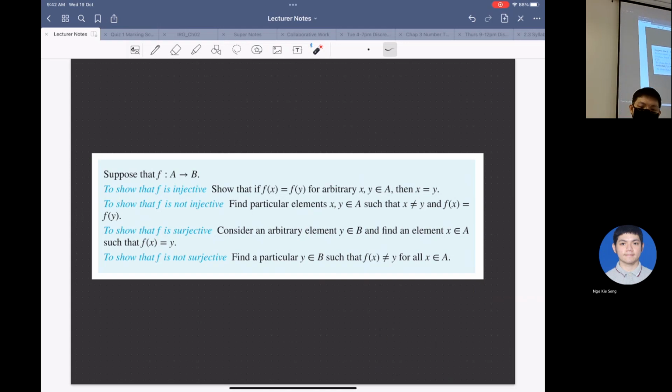So why is bijection interesting? To link back to set theory, to the cardinality of sets: if there's a bijection between two sets, then the cardinality of the two sets is the same.